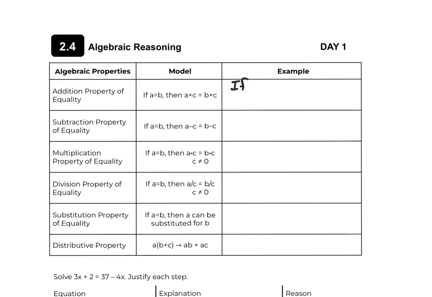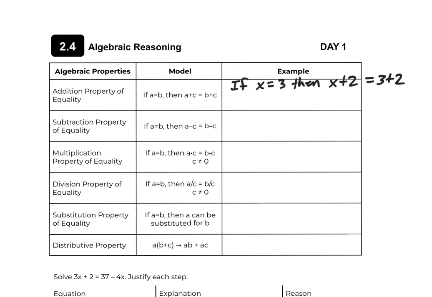If x equals 3, then x plus 2 equals 3 plus 2. Those two sides of the equation are still going to be equal because all we did was add 2 to both of them.